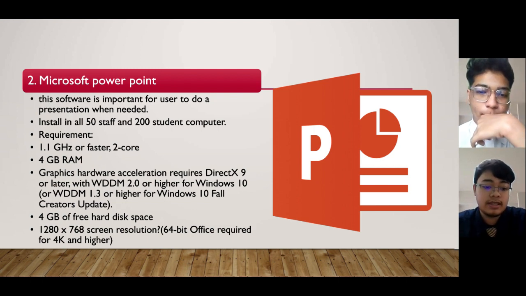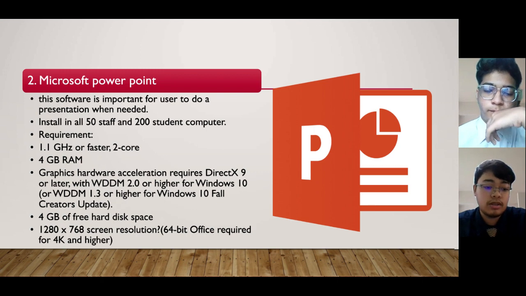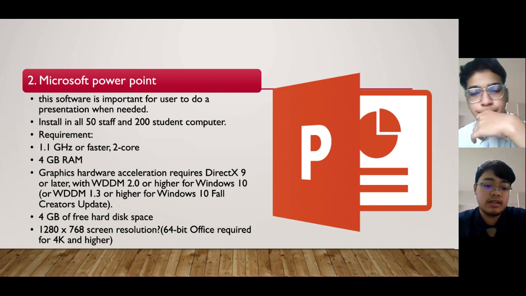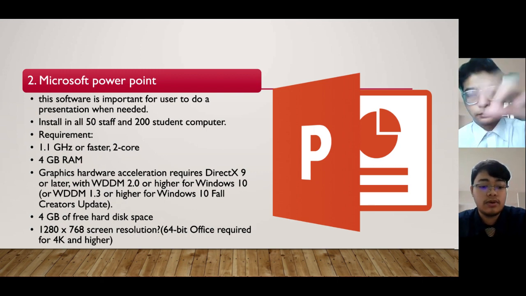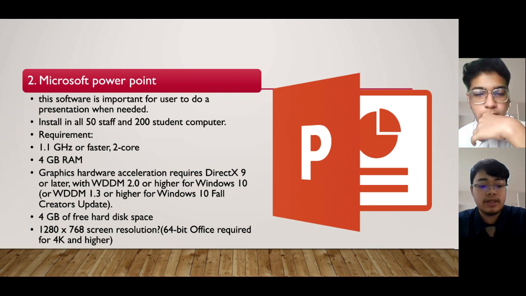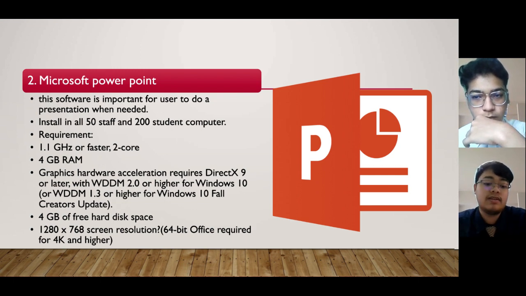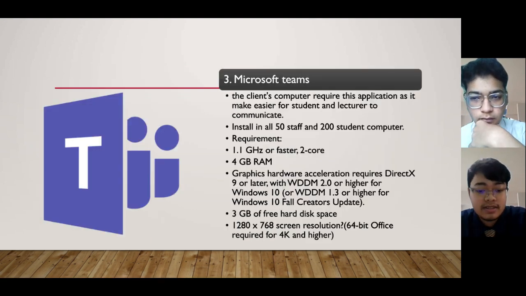The requirement is the same as Microsoft Word, which is 1.1 GHz or faster, 2 cores, 4 GB RAM, graphics hardware acceleration, DirectX 9 or later, 4 GB of free hard disk space, and 1280 x 768 screen resolution.